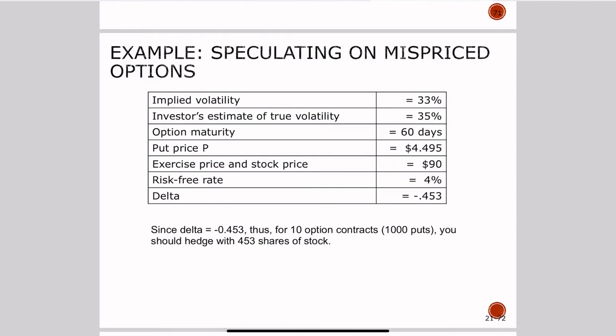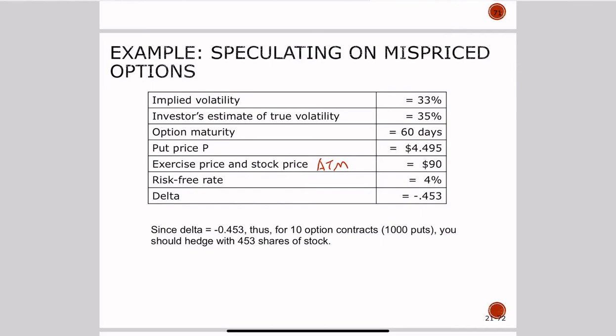It will increase to the true volatility level, 35%. And let's say the time to expiration is 60 days. And we assume the share price is $90. And then we will buy a put option with the exercise price of $90. So this is the at the money option. And we assume the risk-free rate is 4%.